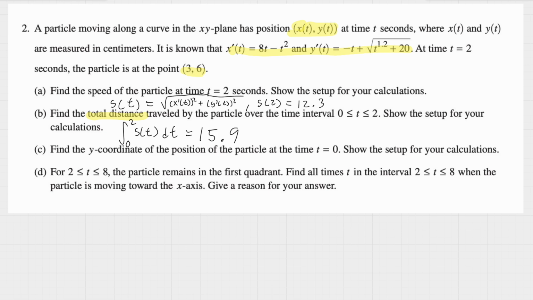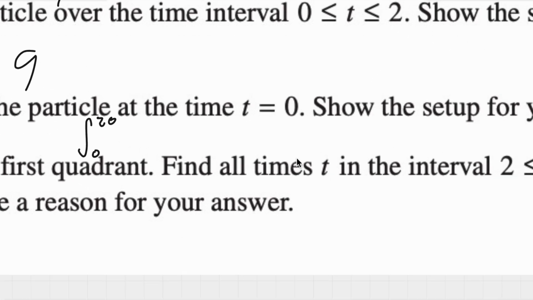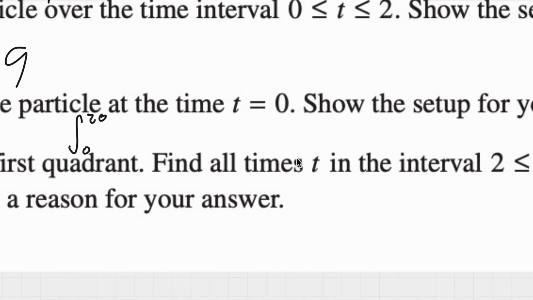Next, find the y coordinate of the position of the particle at t equals 0. Show the setup. So it's talking about the y coordinate. So we can say y of 0 is something. This is actually similar to the previous question, but in this case we're doing something different. So let's try taking the integral from 0 to 2 of y prime of t.